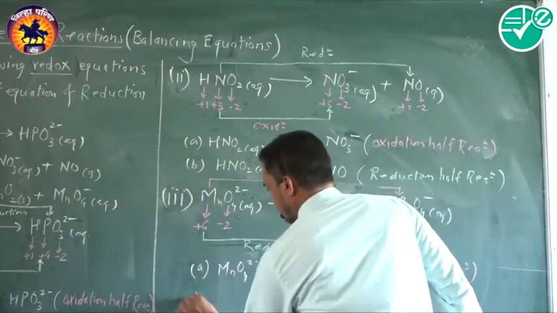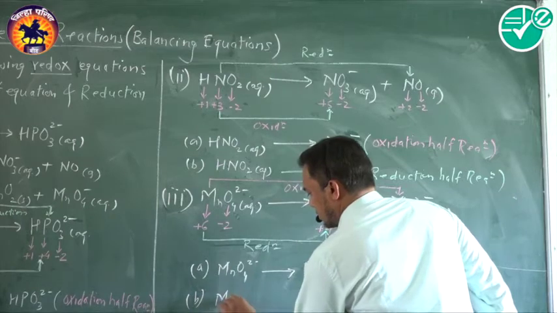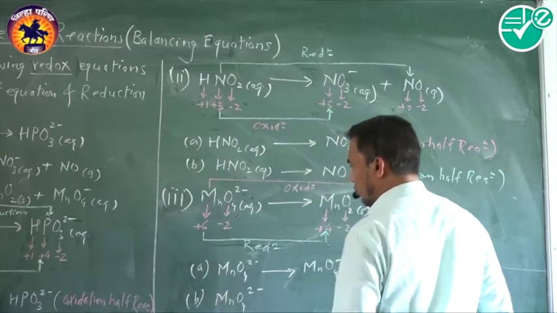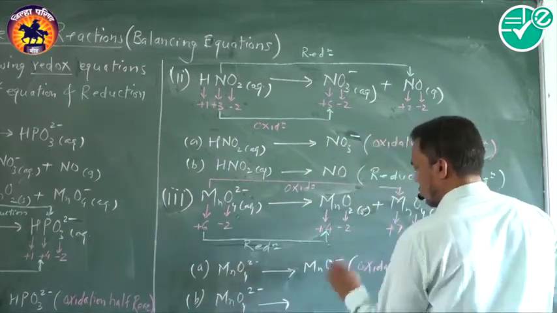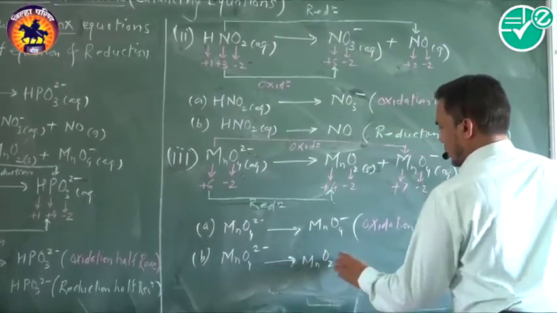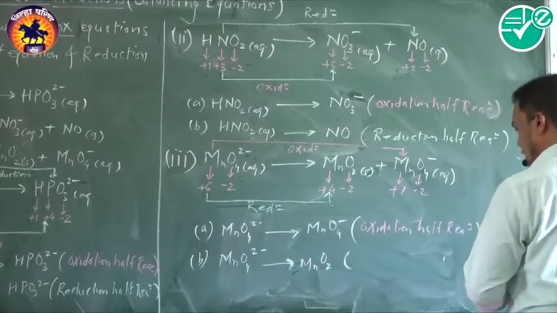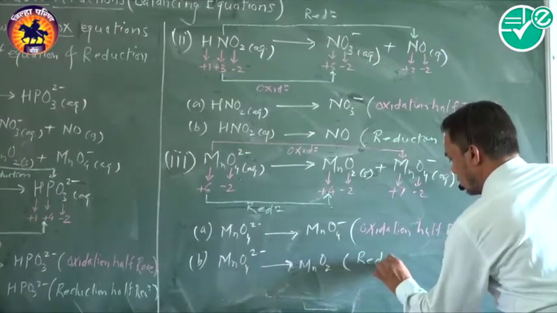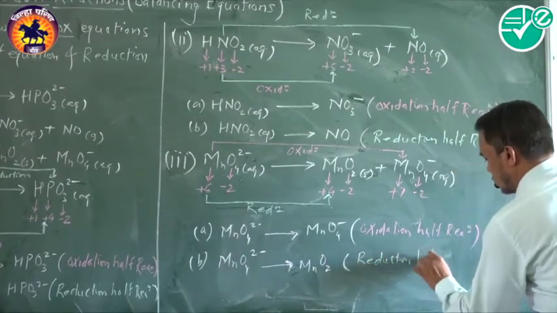Second, manganese in MnO4 2- changes to MnO2. This is called the reduction half reaction.